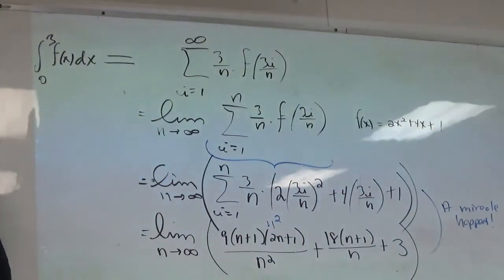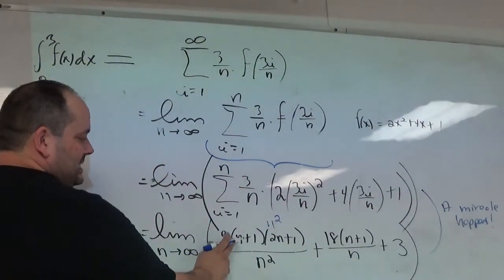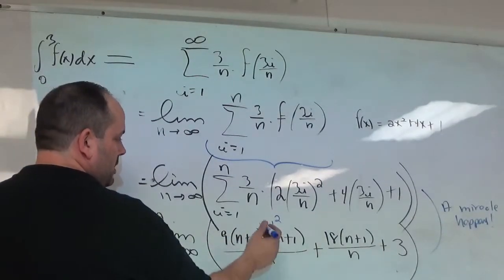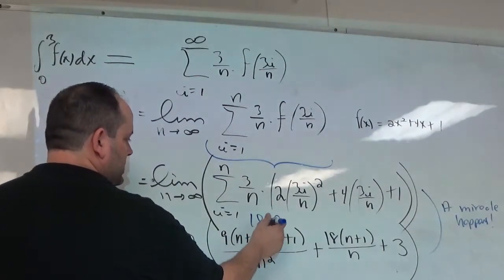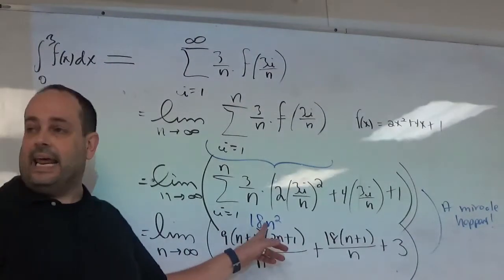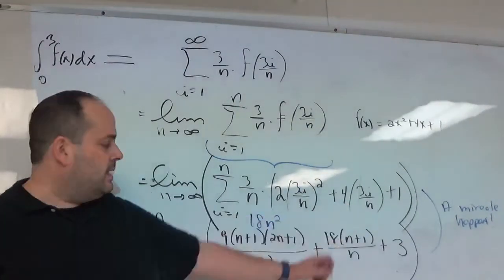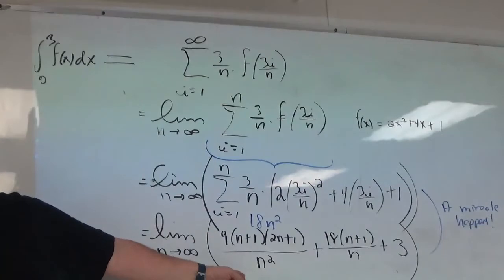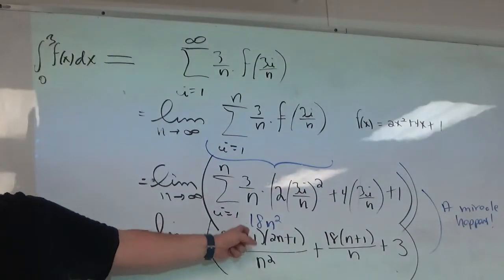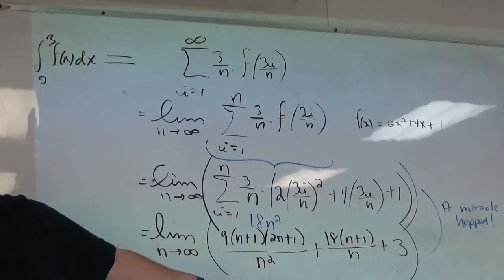What's the coefficient? 9 times n times 2n. Is that 18? You're going to get 18n squared plus some stuff, and an n squared in the denominator. You all know what that limit is. Not infinity.